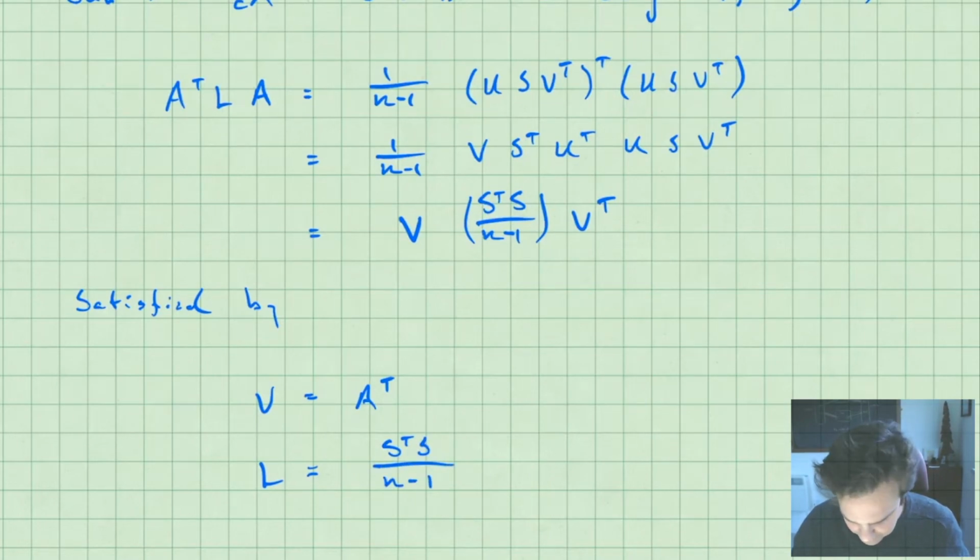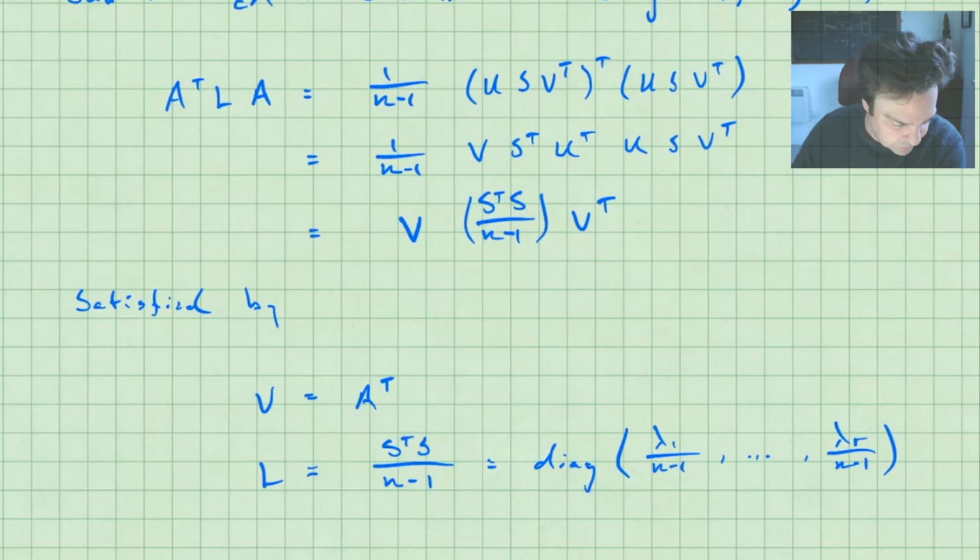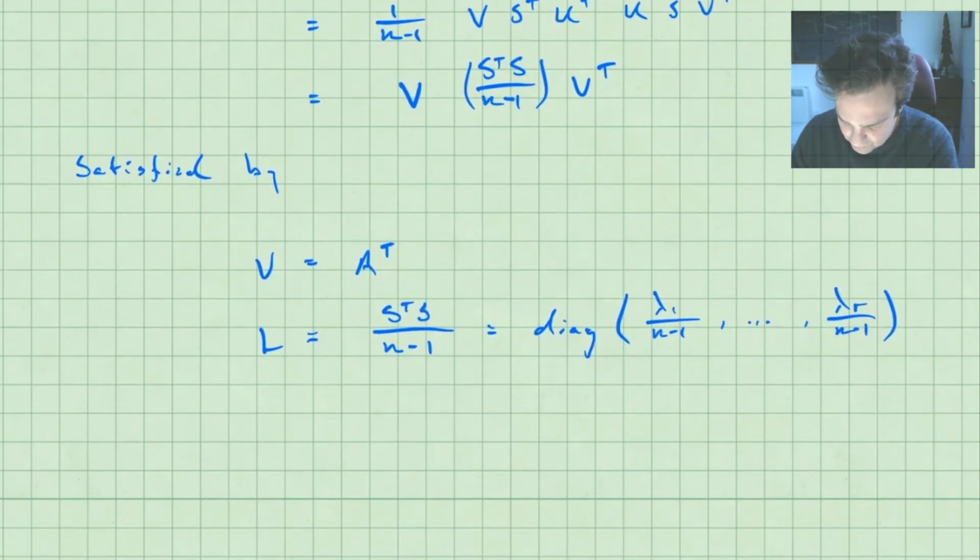And so this is diagonal: lambda 1 over n minus 1 dot dot dot lambda r over n minus 1. Okay? So I hope I got all those things right and I didn't miss a square root or an n minus 1 somewhere. That sometimes happens. But again, this is not the key point here.